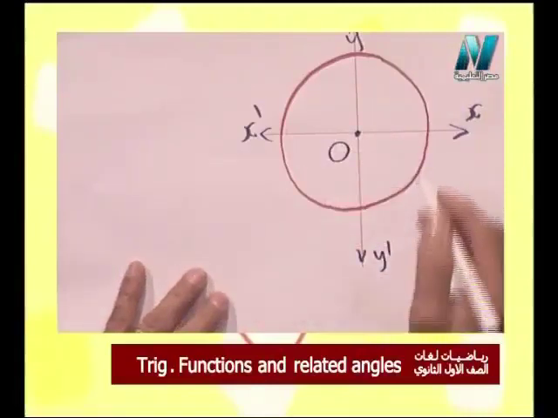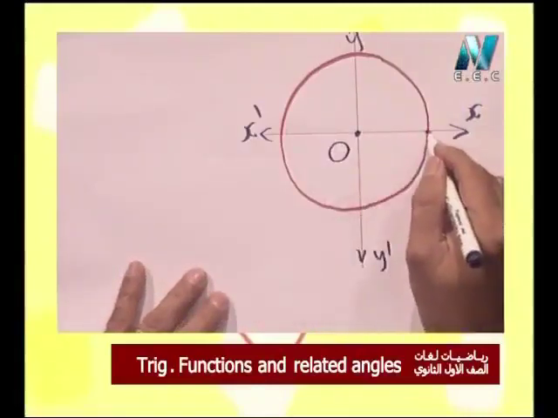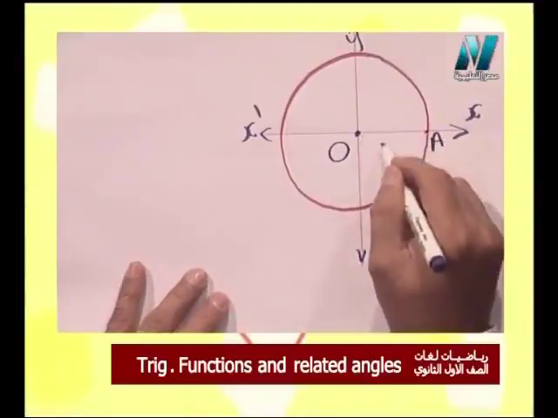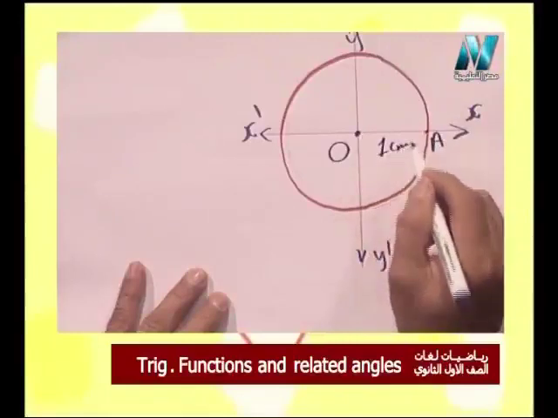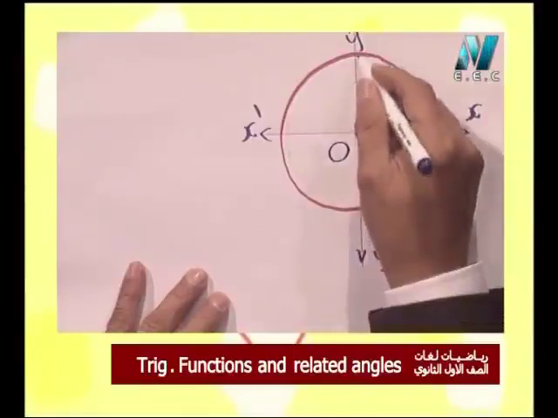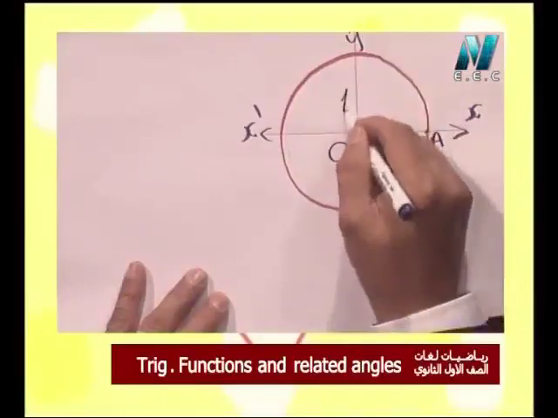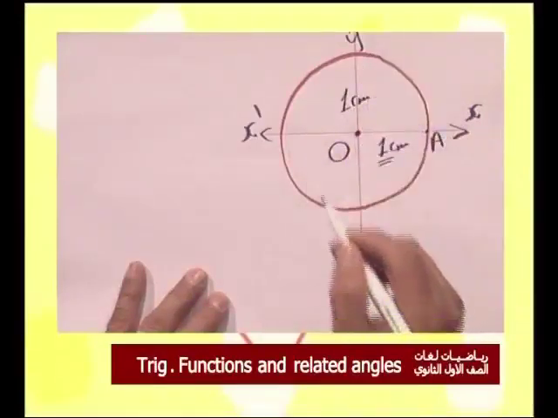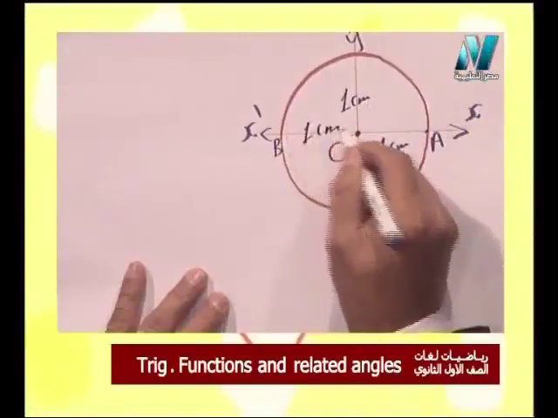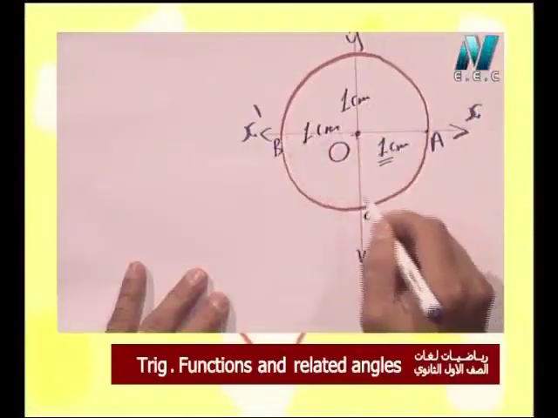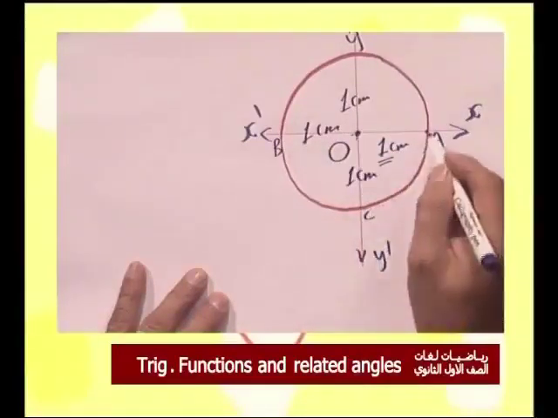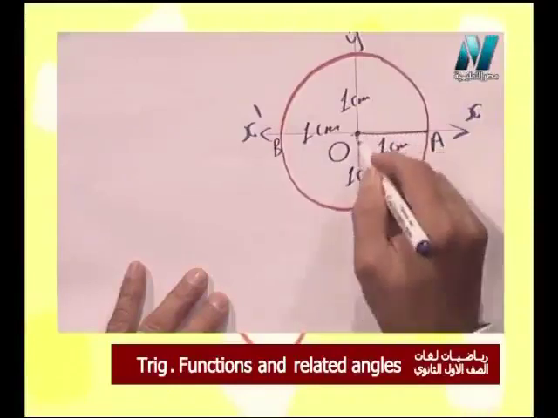Okay, and we have here this line segment OA equals 1 centimeter or 1 meter. It's a unit. And OY dash here equals 1 centimeter also, and OB equals 1 centimeter, and OC equals 1 centimeter. So its radius equals what? Equals 1 unit.